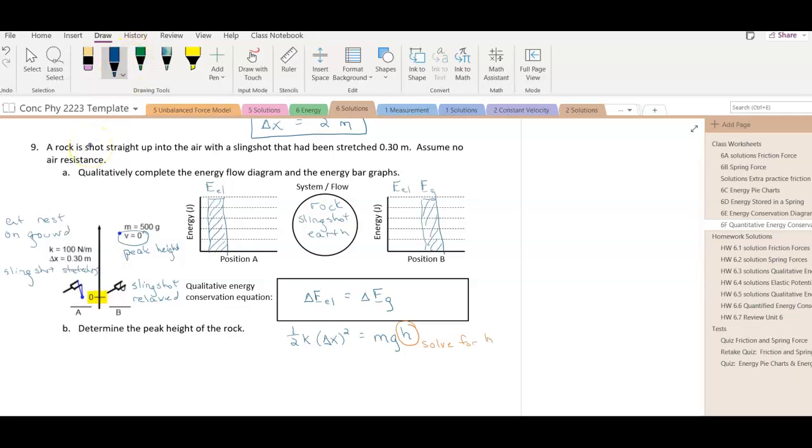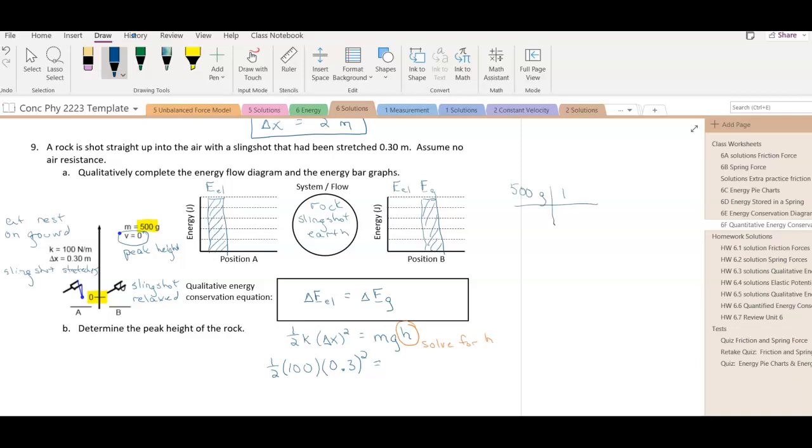Okay, as I plug in, I'm going to be really careful to make sure that each thing is already in standard units. They gave me a K as 100 newtons per meter. They gave me the displacement of the slingshot as 0.3 meters. Okay. Here's one I have to convert. They gave me the mass as 500 grams, and I need it to be kilograms.